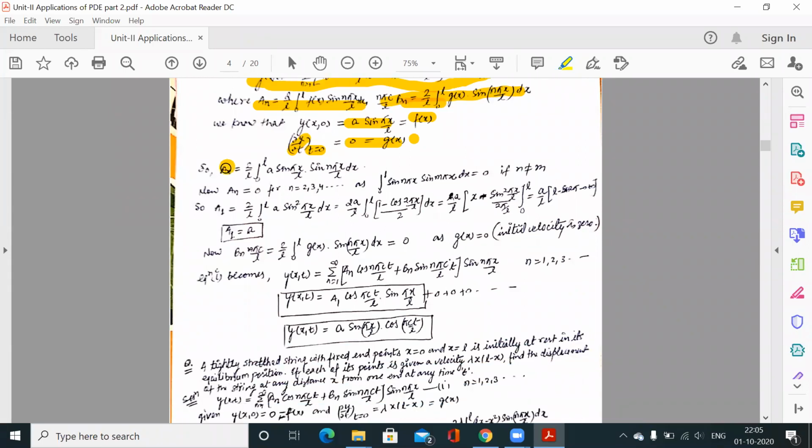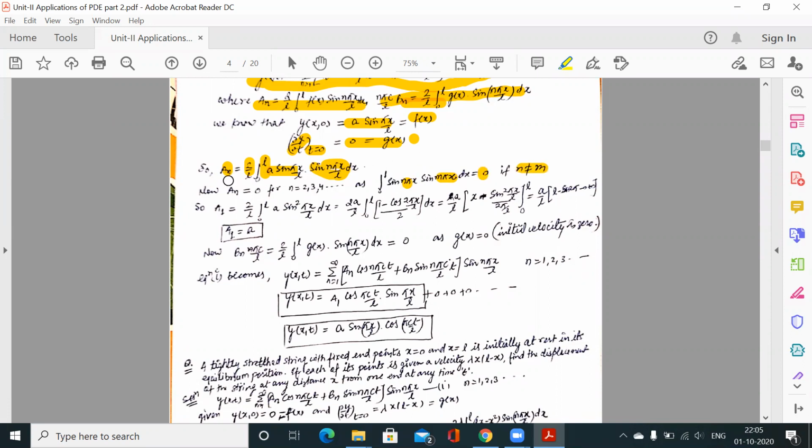So simply, solving the integration, an is equal to 2 by L. Again the interval is the same, so there is no problem. We will write L for the upper limit, a sine pi x by L, this is f(x), into sine n pi x by L dx. Now because this is sine pi x by L and this is sine n pi x by L, we know that when the two angles are there, the integration is 0 when n is not equal to m.